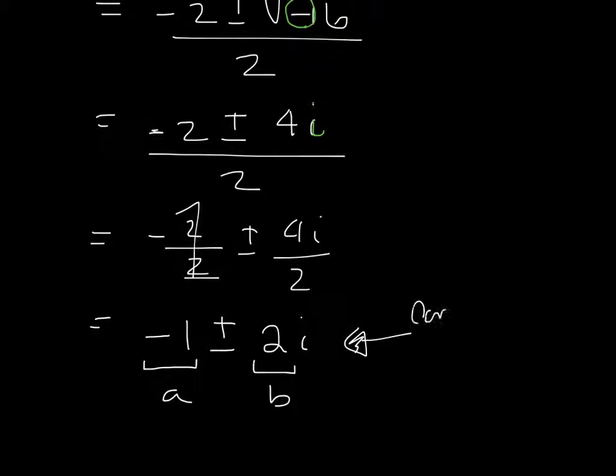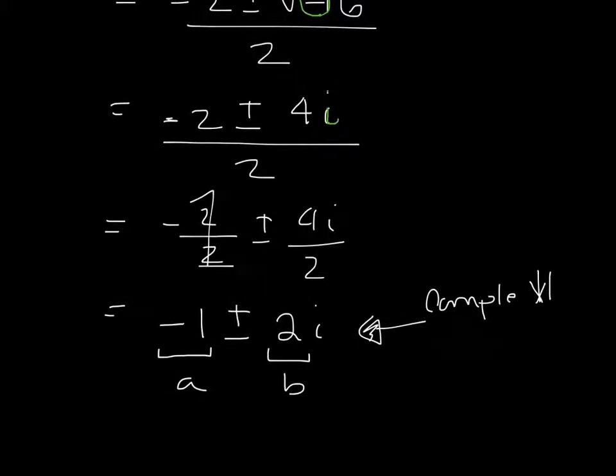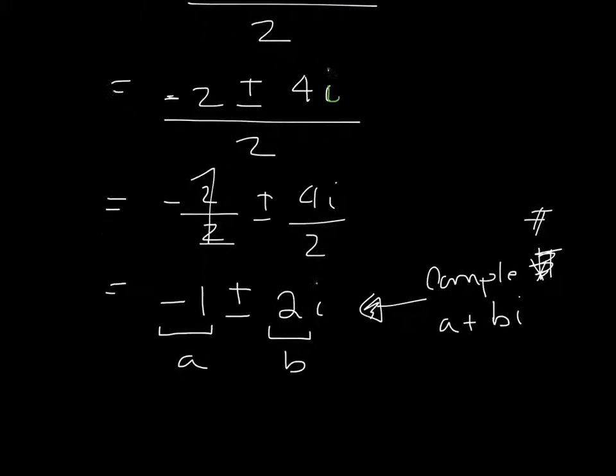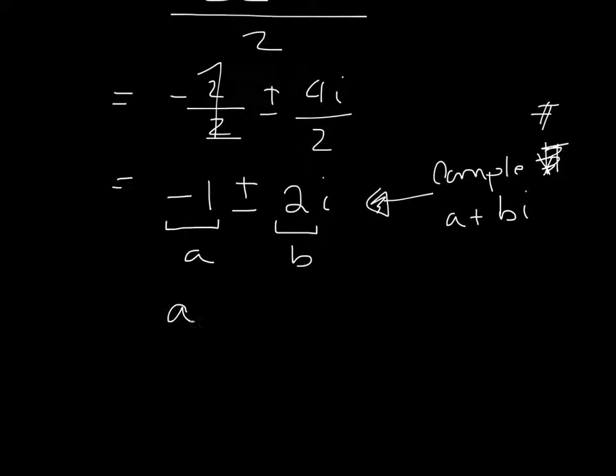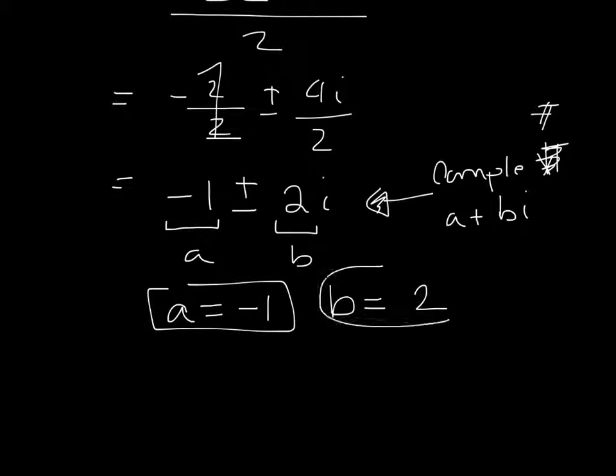Remember, a complex number is in the form a plus bi, where a and b are real numbers. Okay, so here, let me just write it out. a is negative 1, and b is 2.